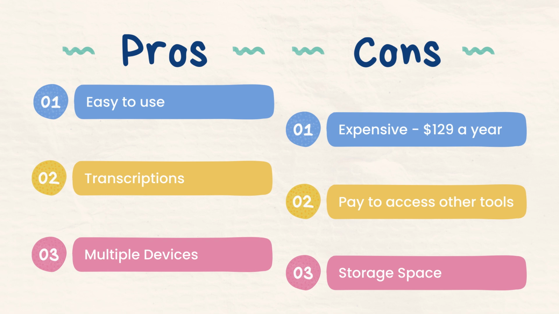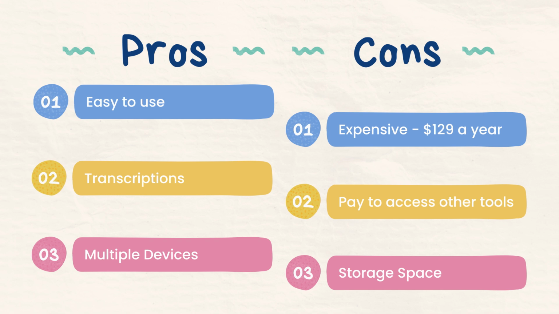Cons would be that it's expensive. It's $129 a year. Just for personal use. There are different plans for classroom and business uses. I get mine through the Access Center at WSU because I'm not paying that much for anything, but you know, I definitely see the value in it.